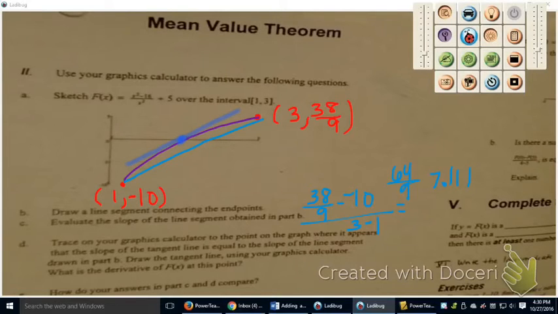Now, it says for you to find the derivative at that point. Well, it's something you can do on the calculator. You could figure out what the tangent line is and go from there. But what should happen is that the derivative should be the same as the slope. Because if the derivative at that point is the point I'm looking for, then the derivative and the slope should be the same.